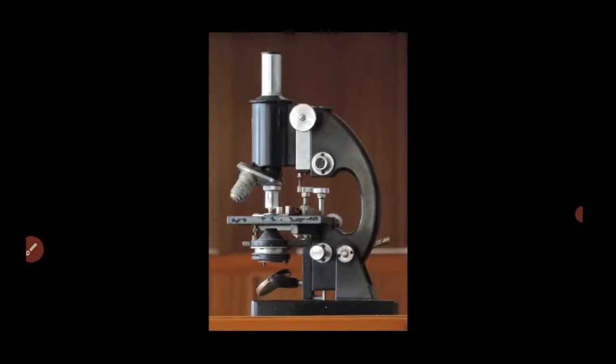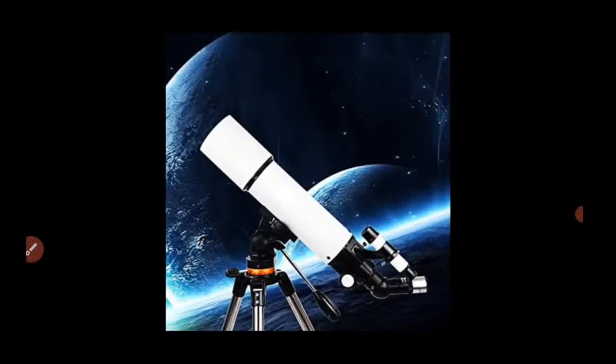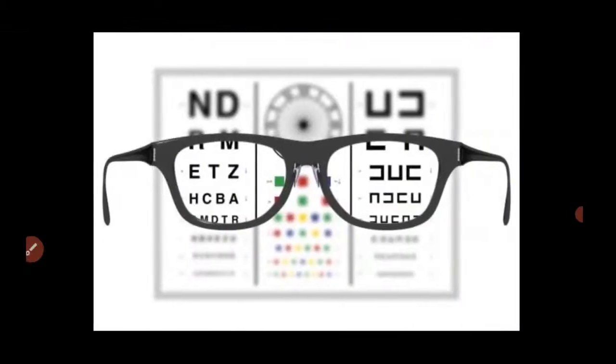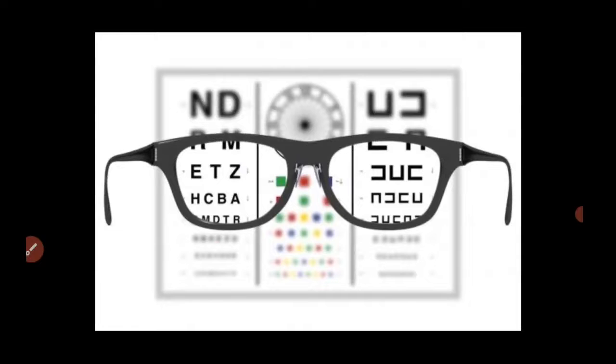They are also used to correct the defect of vision called hypermetropia. Hypermetropia is a defect in which the person is able to see larger distances clearly, but cannot see nearer objects distinctly. That type of defect is known as hypermetropia.